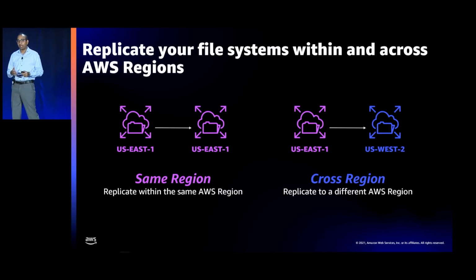You can also replicate your One Zone file system to a completely different AZ in a completely different region as well. As another example, you can replicate your EFS Standard storage classes across regions from US East 1 to US West 2. In fact, this is one of the examples that we will see in our demo today. So you can replicate your EFS file systems within and across AWS regions.